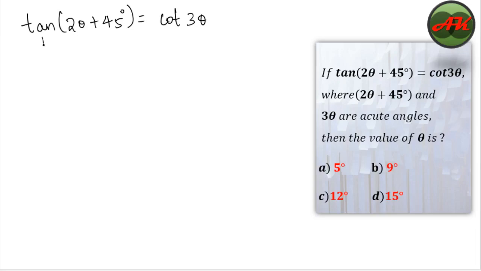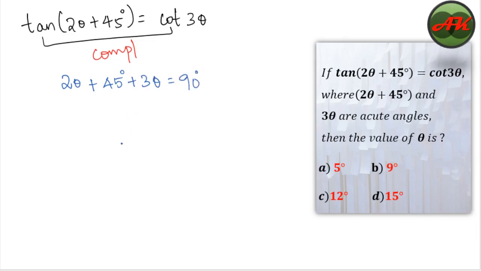We know that tan and cot are complementary. So I am writing this as 2 theta plus 45 degree plus 3 theta is equal to 90 degree. So now 45 degree plus 5 theta is equal to 90 degree. So 5 theta is equal to 45. So thereby theta is equal to 9 degree. So option D is the answer.